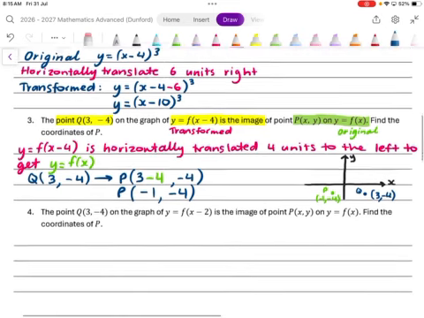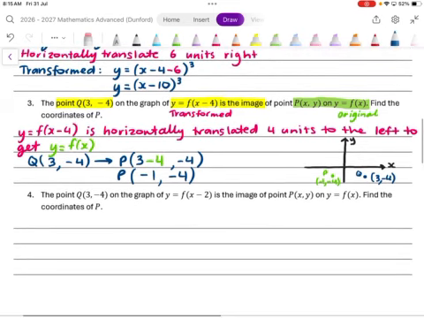Oh, we have another one. So this is the same setup, but I want you to have a go at this one now. We just have a different function. We still have the point Q, which is (3, -4). It's on the graph of y equals f of x minus 2, which is the image.